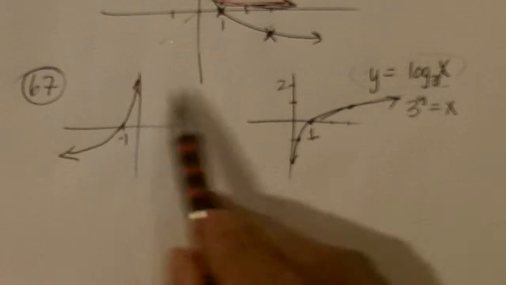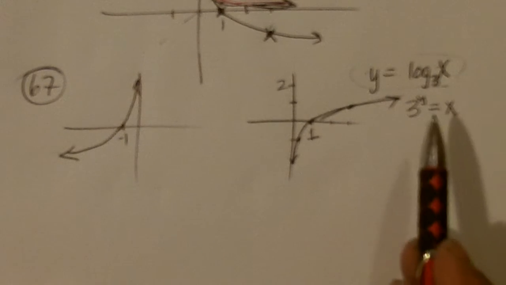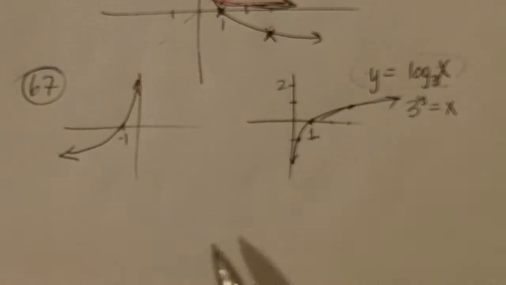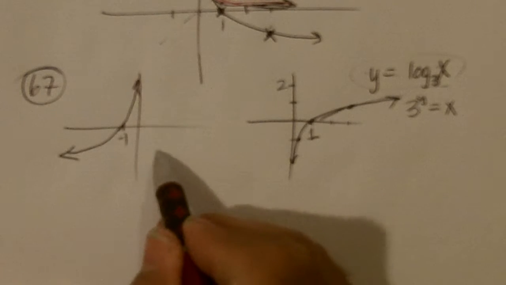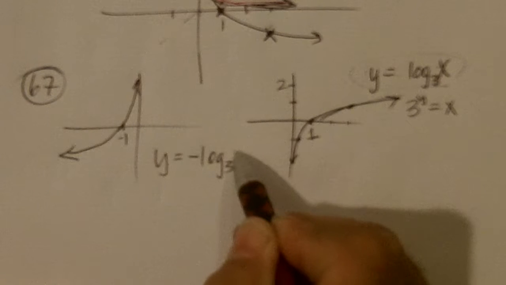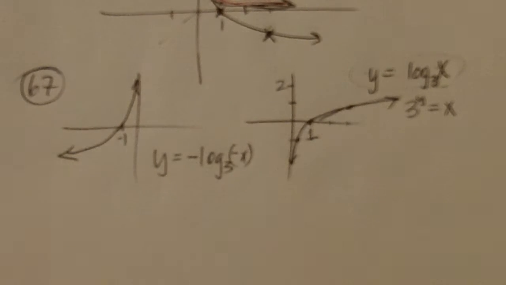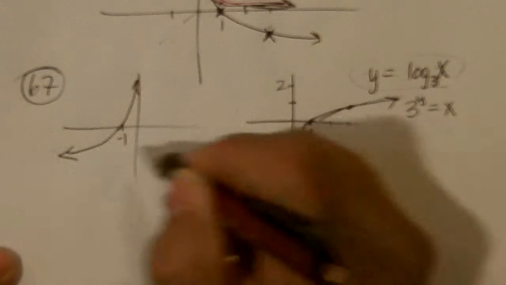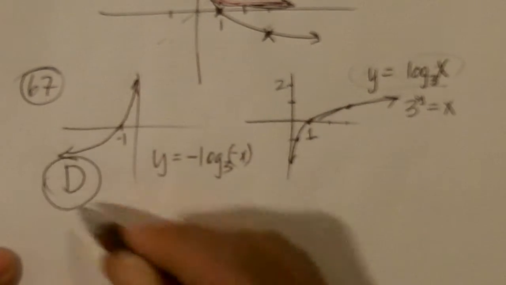To flip it over the y, we'd put a negative on the x, and to flip it over the x, we'd put a negative in front. So we get y is the negative log base 3 of negative x. And that happens to be, which one? D. So this is a graph of D.